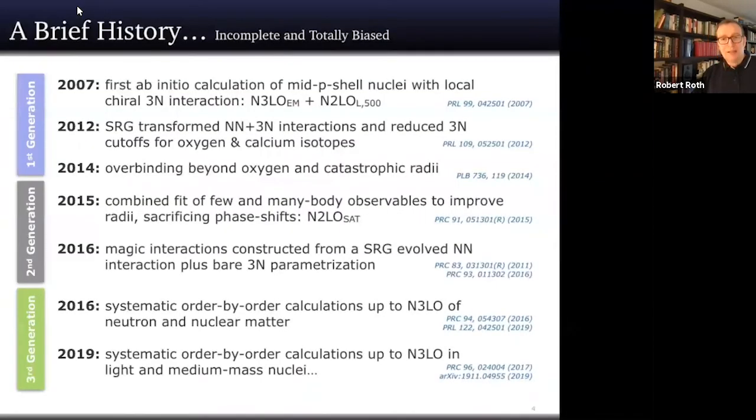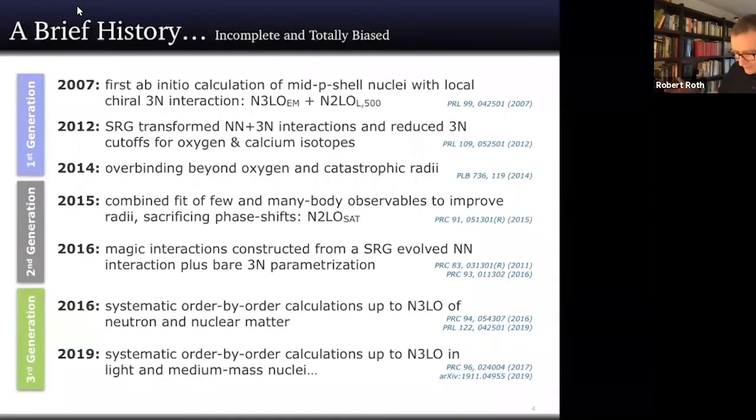Let's go back a little bit in history again, on the development of chiral interactions that have been used in many-body calculations. This is, I wrote here, incomplete and totally biased. It's biased really from my perspective as a many-body person. So there is definitely more history to chiral EFT interactions than this.